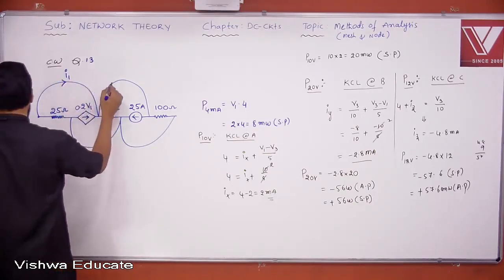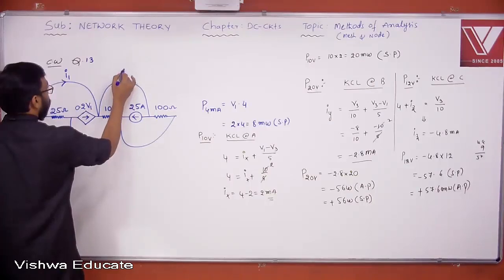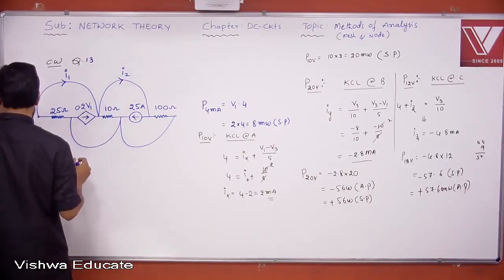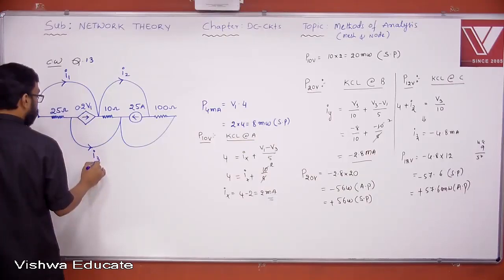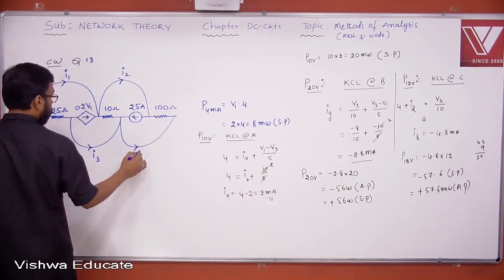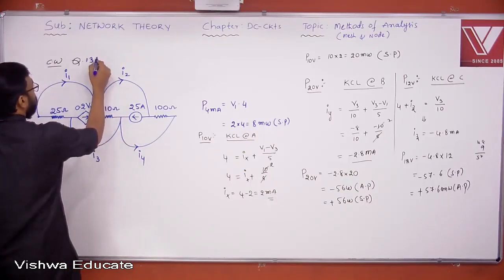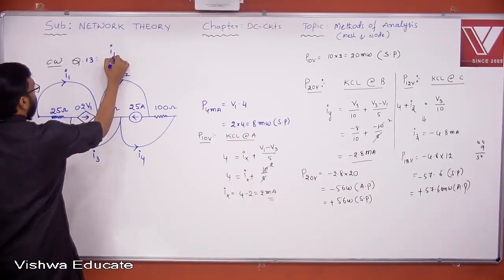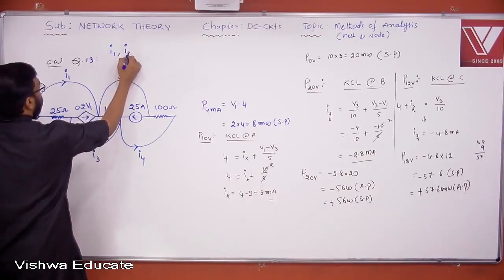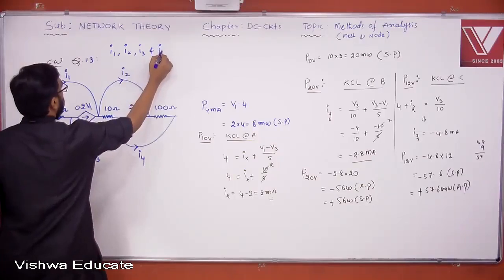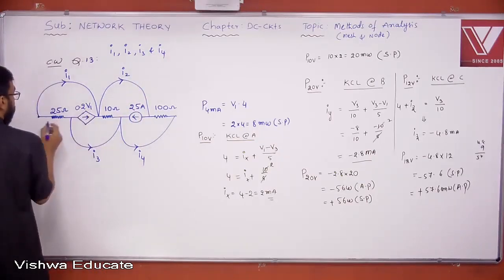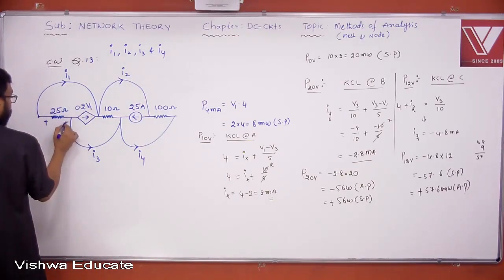All of you draw it again. So the question is, find I1, I2, I3 and I4. Okay. And dependent variable is shown here, plus, minus.